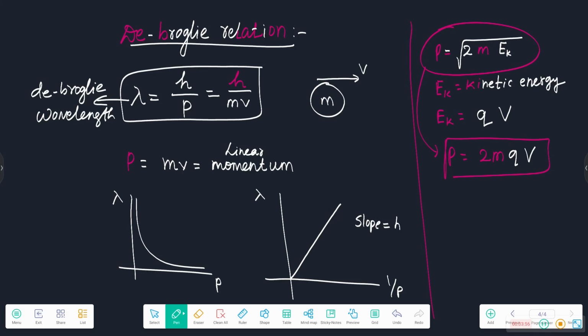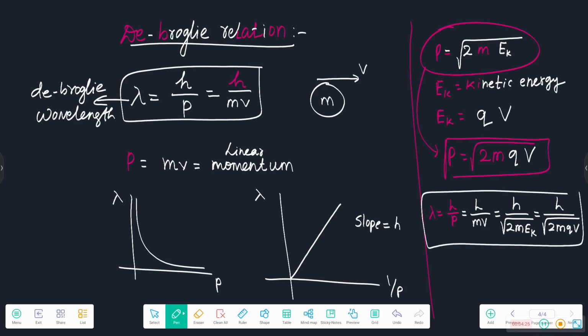Now here, the de Broglie wavelength I can write as h by p, as h by mv, and also as h by root under 2m Ek or h by root under 2m qV. So all these relations you remember.